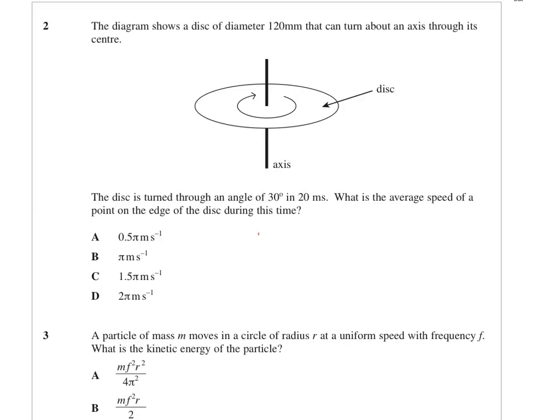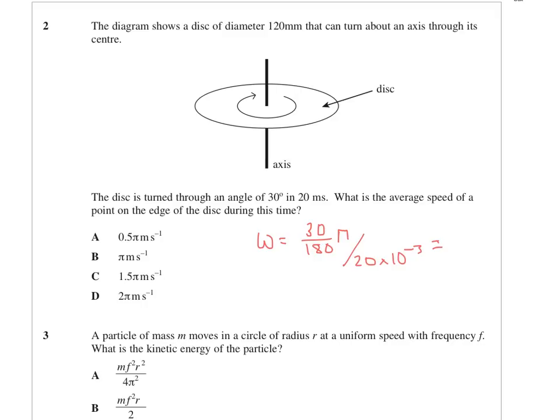So first thing, we need to get what the angular speed is. So it did 30 degrees, this many radians, in this many seconds. So let's calculate that before we convert that into velocity.